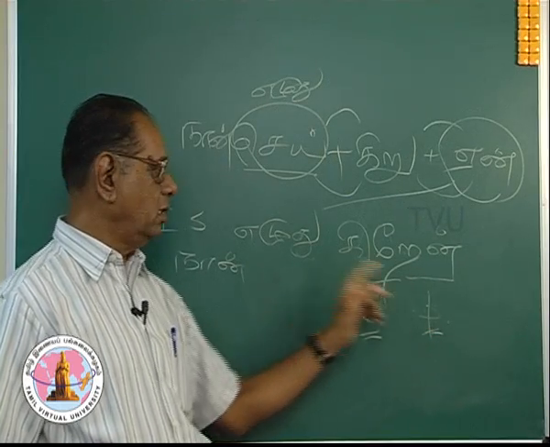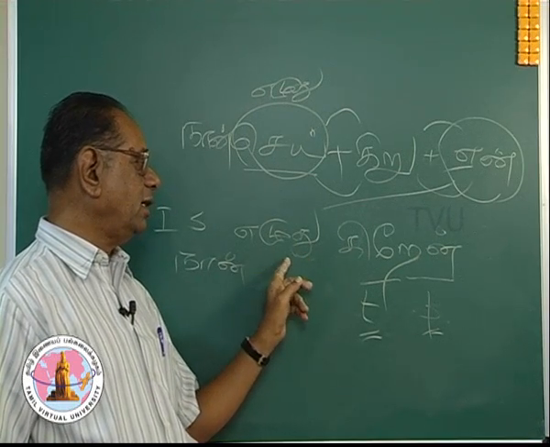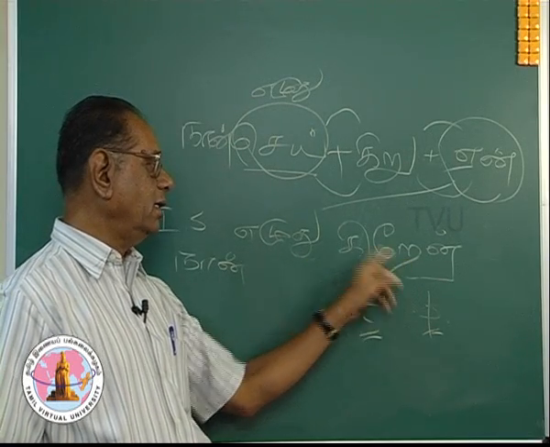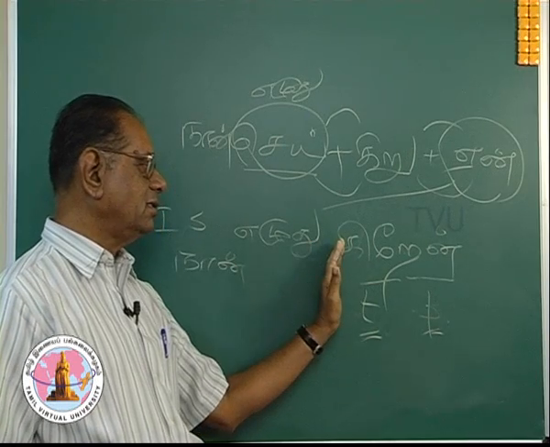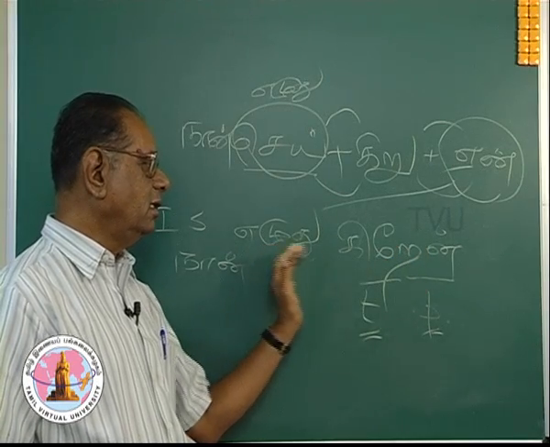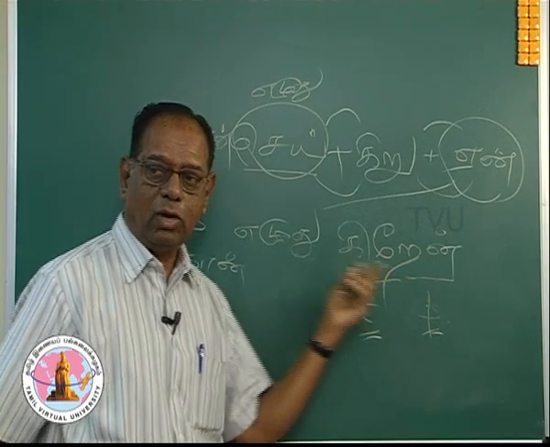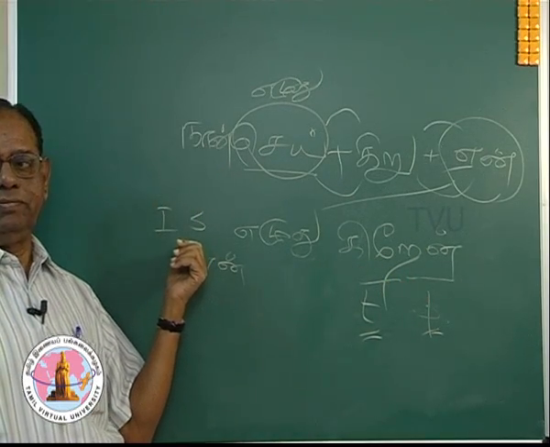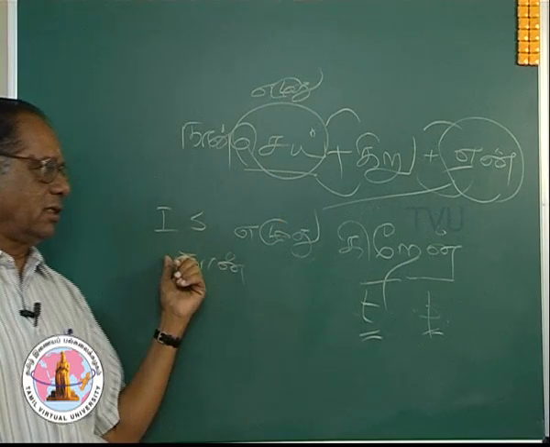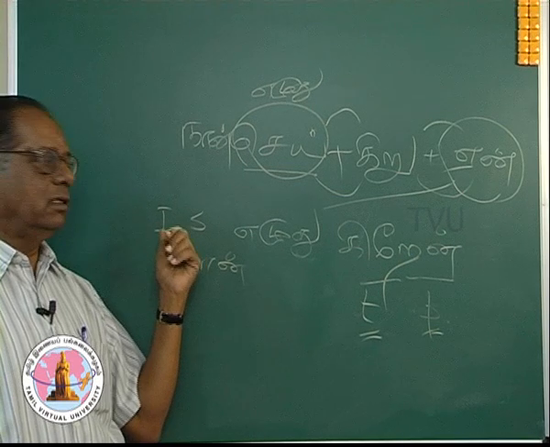Mark my pronunciation. Eludugiren. This து is pronounced as 'du' because it is preceded by other letters. Eludu. This கிறேன், because of the preceding letters, this க becomes க. So, the whole thing is pronounced as eludugiren. Again, from eludugiren, you can find out the subject. This ஏன் will give you the clue of the subject. That is, ஏன் stands for naan, that is first person singular.